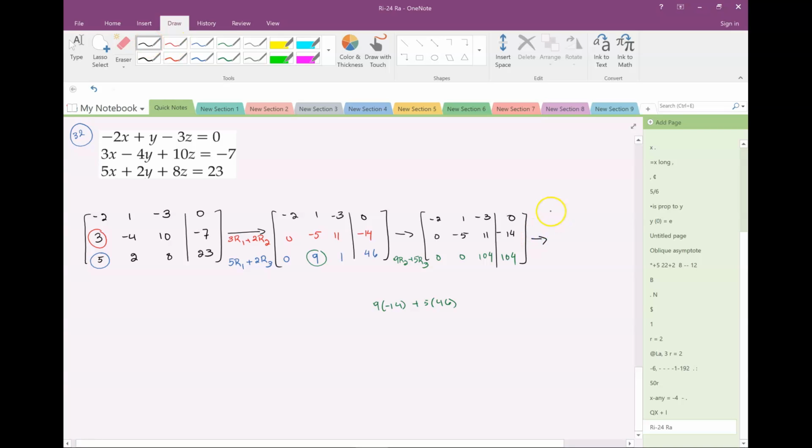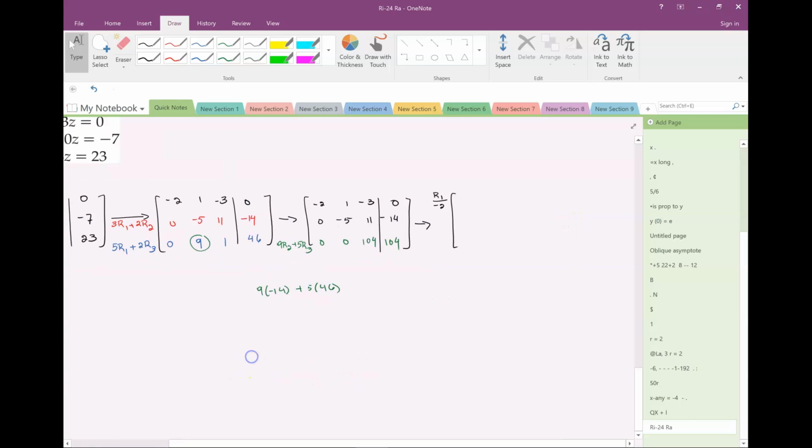Okay, so row 1 divided by negative 2 is 1, negative 1/2, 3/2, 0. Row 2 divided by negative 5, row 3 divided by 104. Okay, and that's row echelon.